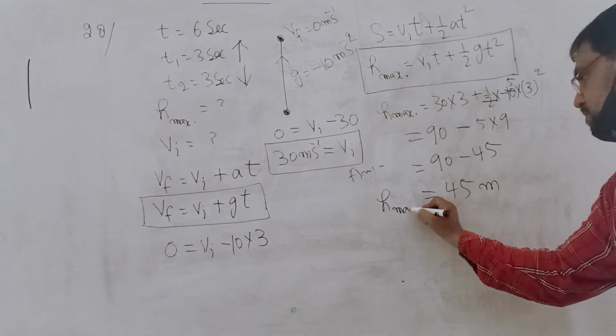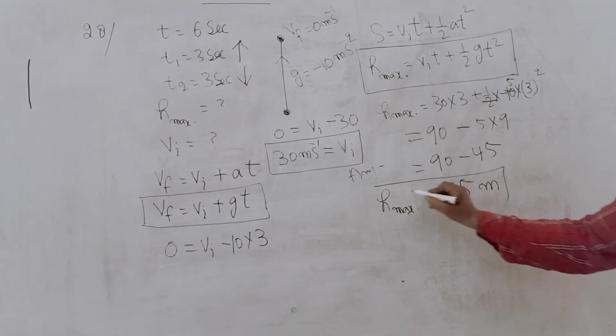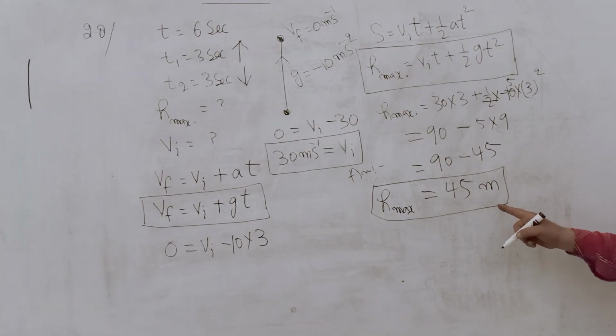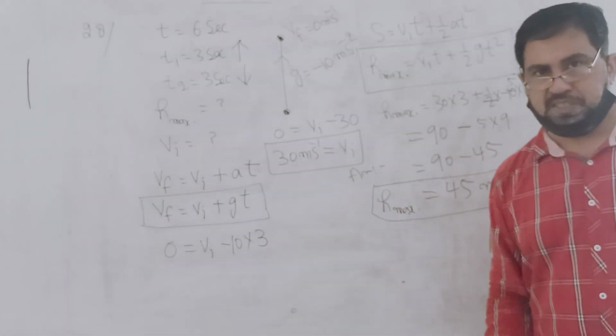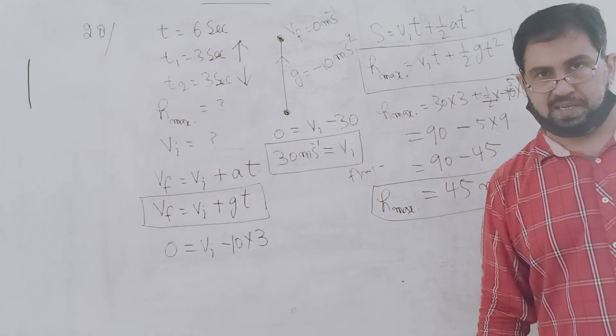So maximum height is equal to 45 meter and initial velocity is 30 meter per second.